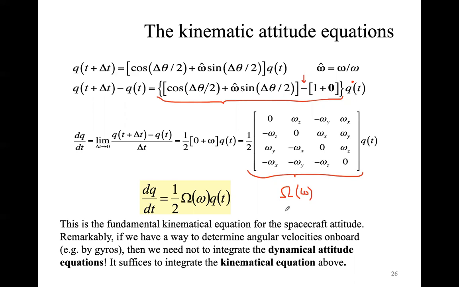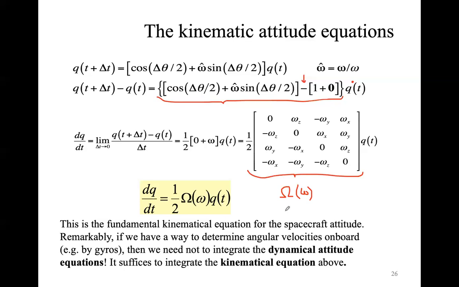So what you can see from here is that since the gyroscope will give us the instantaneous angular rotation of the spacecraft, there could be a useful sensor that can be used to integrate this equation. For example, we are going to see briefly.